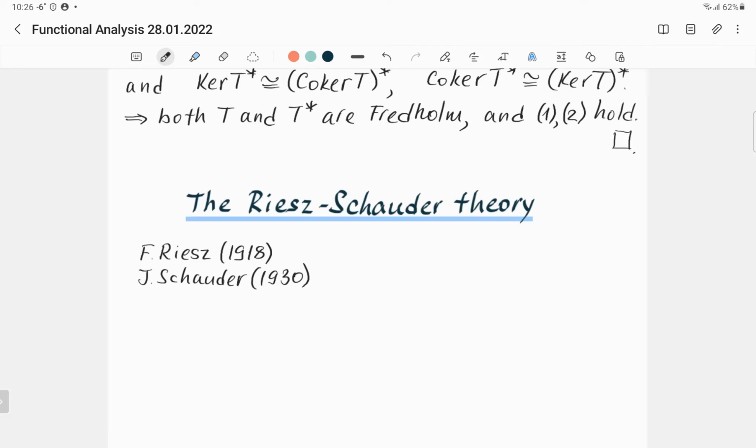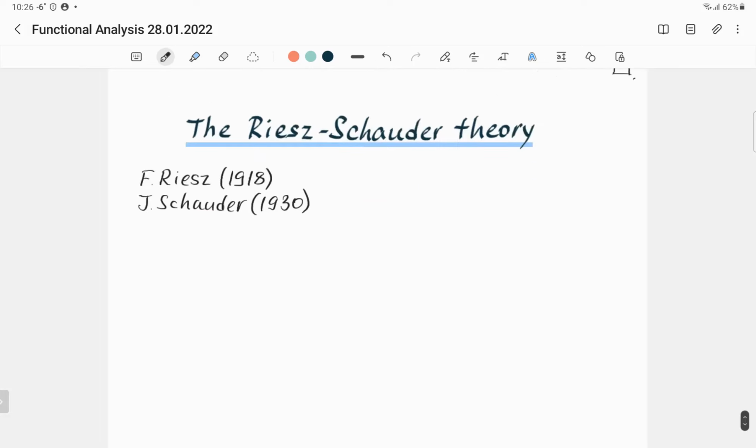The quintessence of this theory can be stated as follows. If we have a compact operator K on the Banach space, then the operator 1 plus K, where 1 is the identity operator, is Fredholm, and the index of this operator is 0.